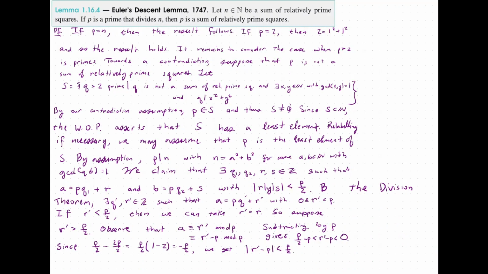So now what we are doing is just going back to our equation for A, and we're going to take our R to be R prime minus P. Then A is equal to P times Q1, but if we want to subtract a P, we want it to be cancelled off, so we're going to add a P. I meant to have a Q prime here.